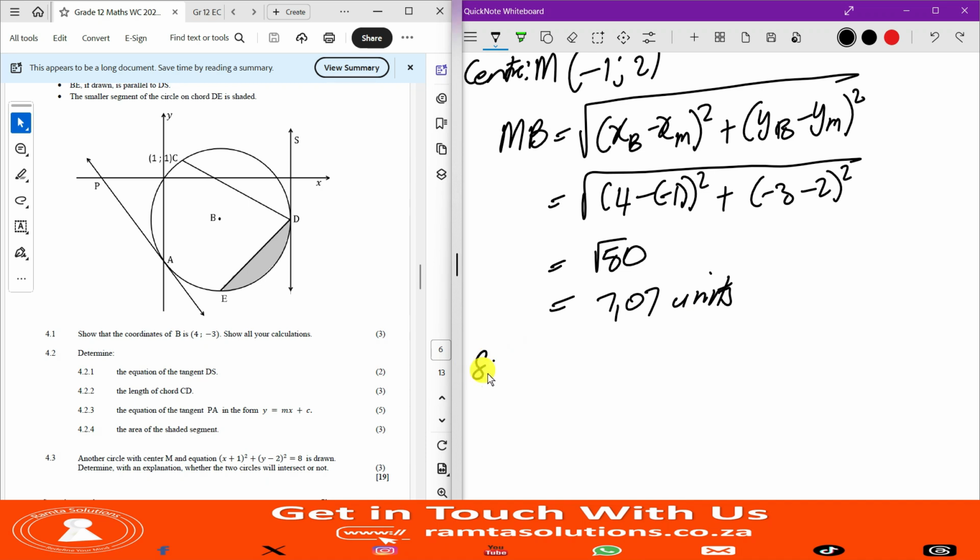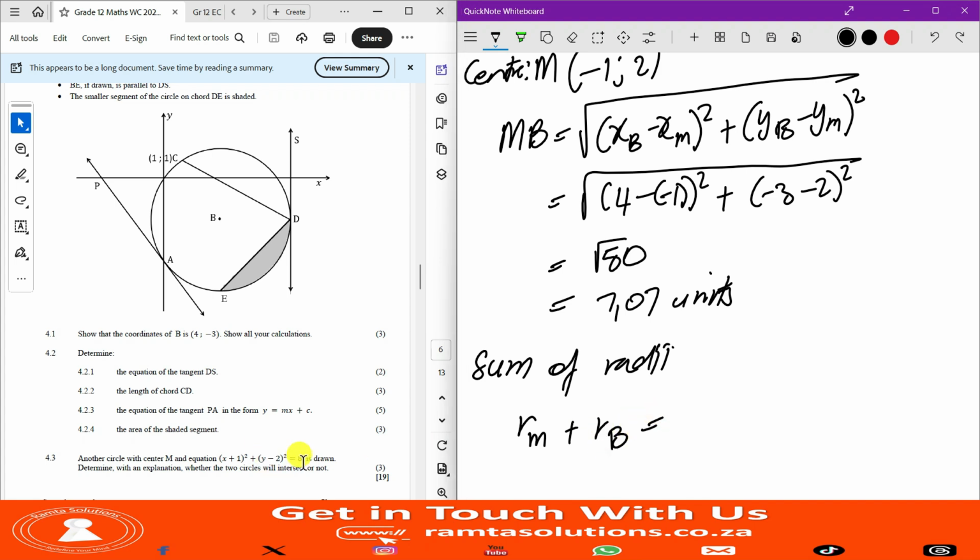Now let's look at the sum of the radii. I'm going to say the radius of the circle with center M plus the radius of the circle with center B. The radius of the circle with center M will be the square root of 8, as you can see, r squared is 8.